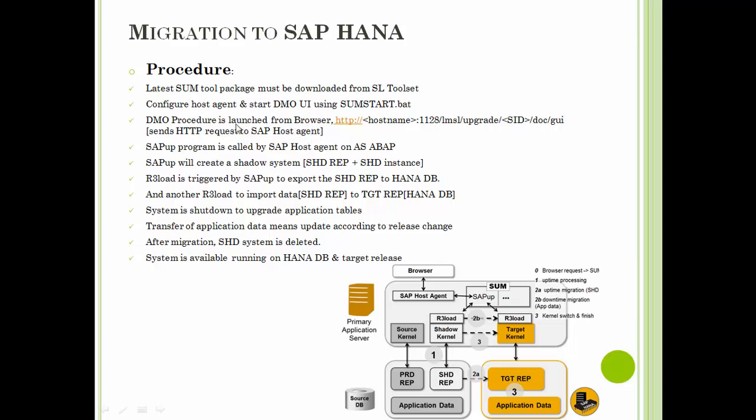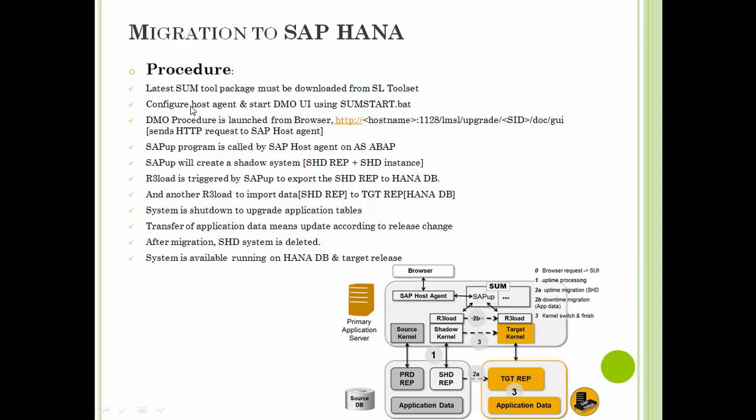So to understand this HTTP request, that is to understand the source, we have to first configure the DMO UI using the sumstart.bat executable, which is a part of SUM tool package for the host agent to understand. That is, we have to run sumstart.bat command with an option config host agent.